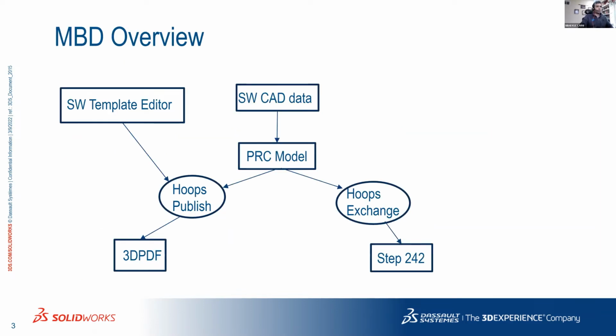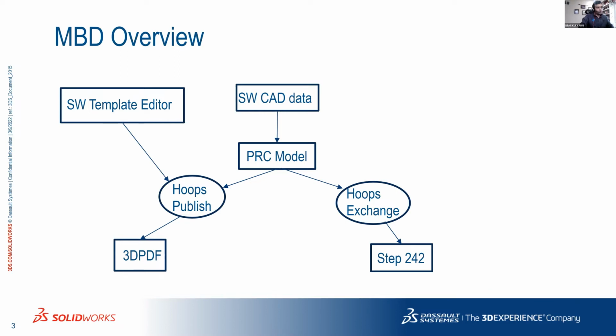We take the SolidWorks CAD data, right? That is where our application data is. The initial setup was written by our engineers with the help of engineers from TechSoft. We, of course, put it into a PRC model, and with one API from HOOPS Publish, with the help of the inputs from the SolidWorks template editor, which is our own custom-created tool that I'm going to show, we create a 3D PDF.